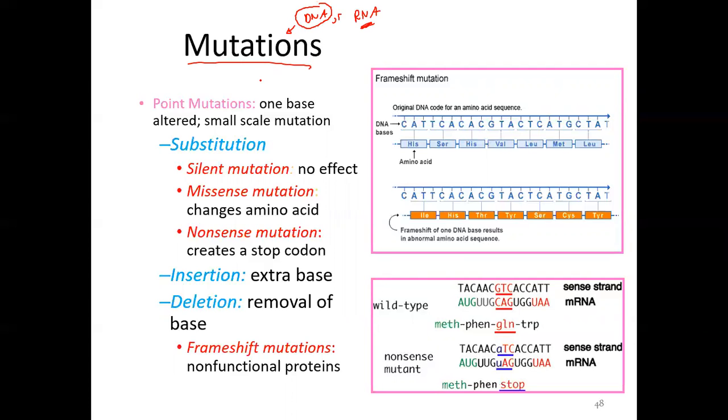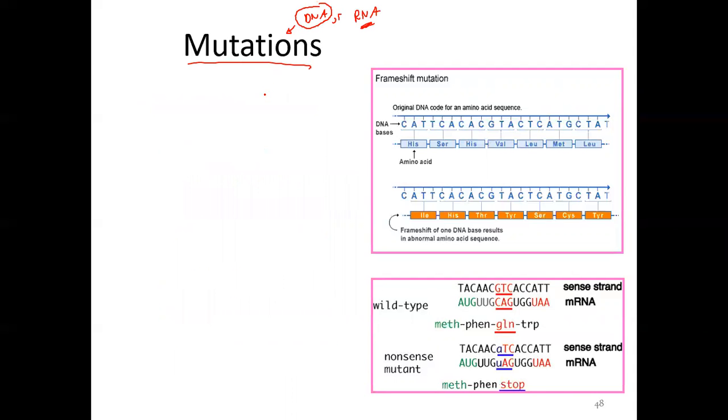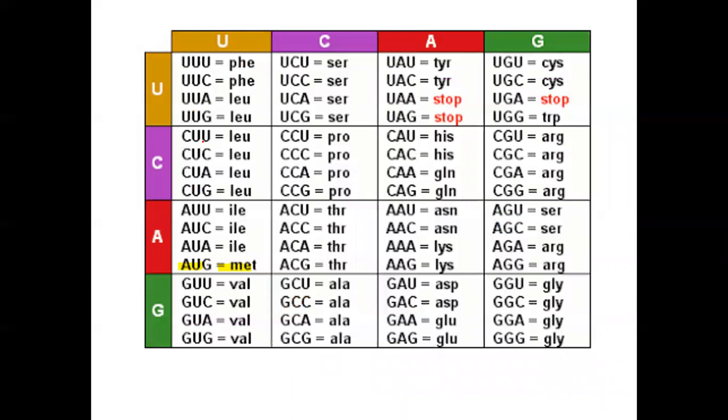So when you think about mutations, let's jump back to this chart, your codon chart. Let's remind you of what's happening here. Let's say our RNA was supposed to be GCU.